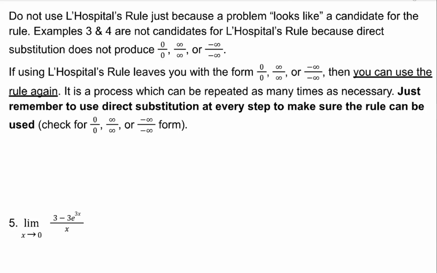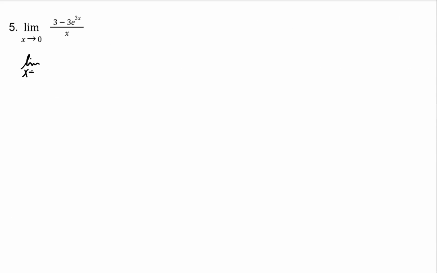If using L'Hopital's rule leaves you with one of those indeterminate forms, then you can use the rule again. It is a process which can be repeated as many times as necessary. Ooh, that sounds fun. Just remember to use direct substitution at every step to make sure the rule can be used. And show that direct substitution for the numerator and denominator separately for AP. First, I'll show the limits of the numerator and denominator separately.